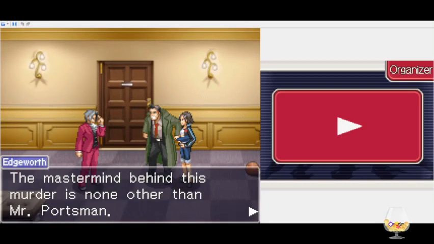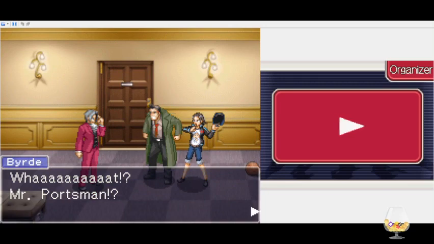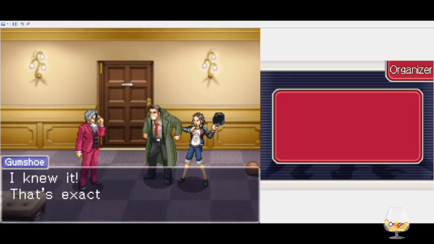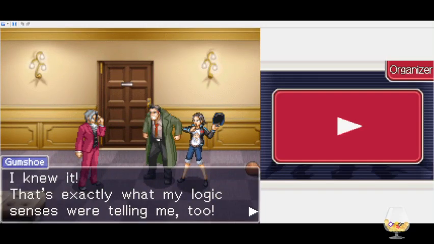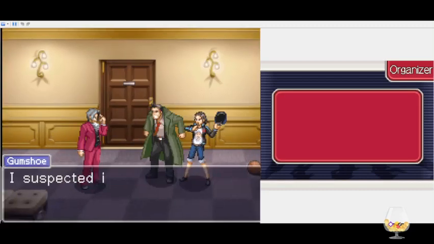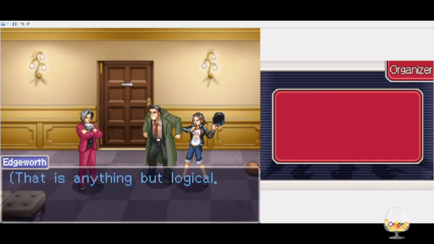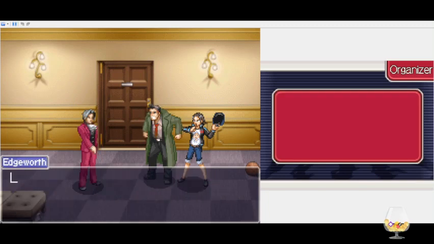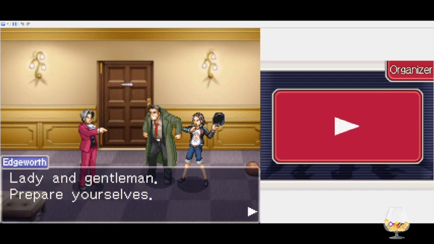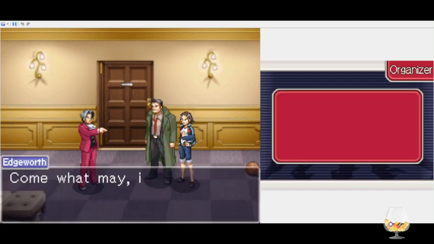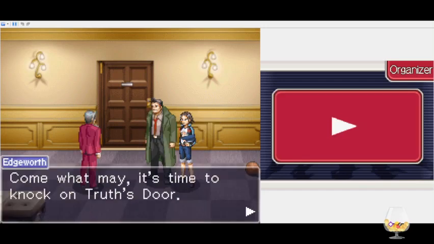The master behind this murder is none other than Mr. Portsman. What? Mr. Portsman? I knew it. That's exactly what my logic senses were telling me, too. I suspected it was him from the instant he accused Maggie of being the killer, sir. That is anything but logical. Lady and gentlemen, prepare yourselves. Come what may, it's time to knock on truth's door.